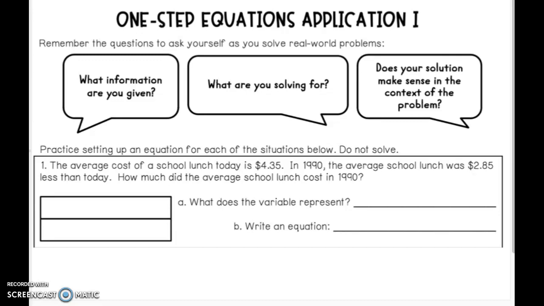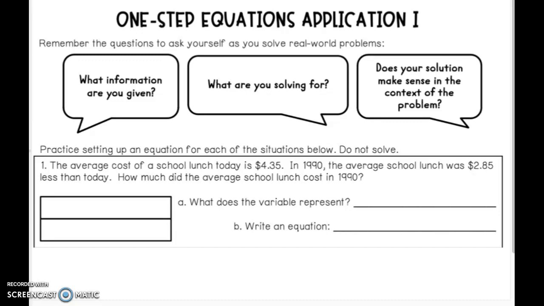So when we get ready, we want to think about what information is given to us, what it is we're solving for, and does the solution make sense in the context of the problem? That's always the piece that you need to check, because you can make mistakes punching numbers into calculators and all that good stuff. So you do have to use your common sense and check it against what you know about numbers.